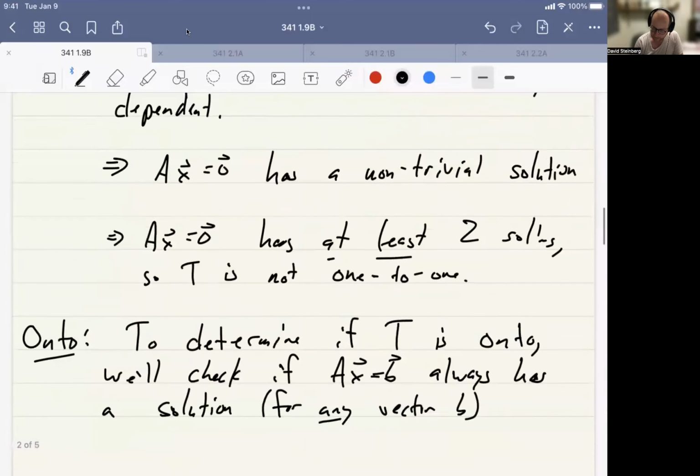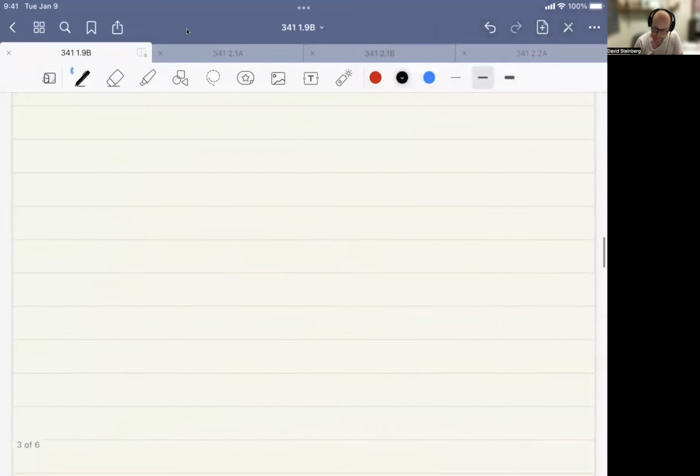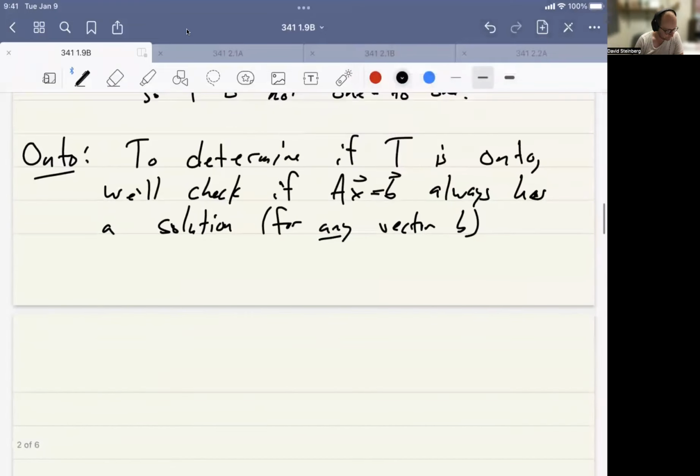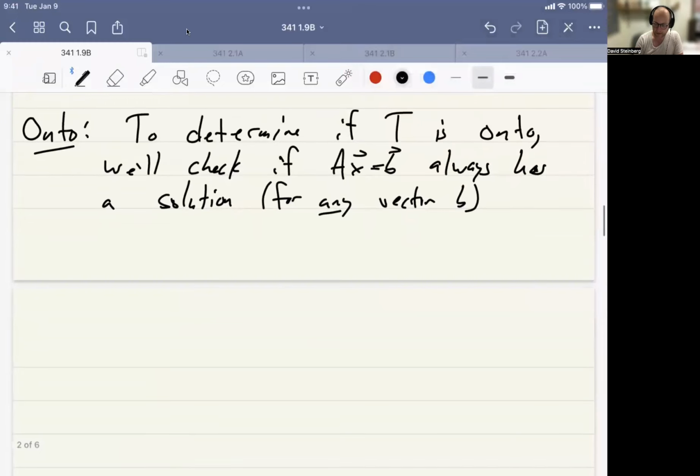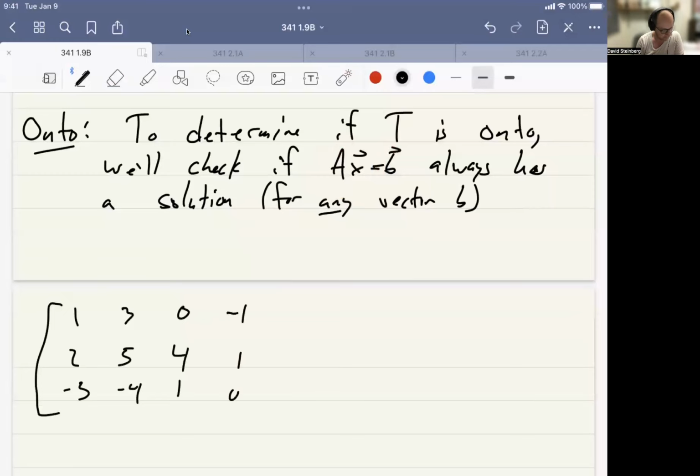Let's give ourselves another page here. Then we'll do the thing we always do. We know that this matrix equation just corresponds to a linear system, and so we'll set up a linear system where our last column is B1, B2, B3. So we've got our matrix A, which is 1, 2, -3, 3, 5, -4, -1, 0, 4, 1, -1, 1, 0, and then B1, B2, B3.